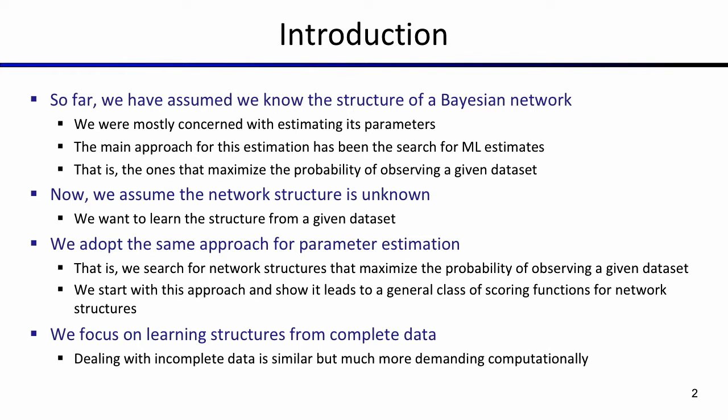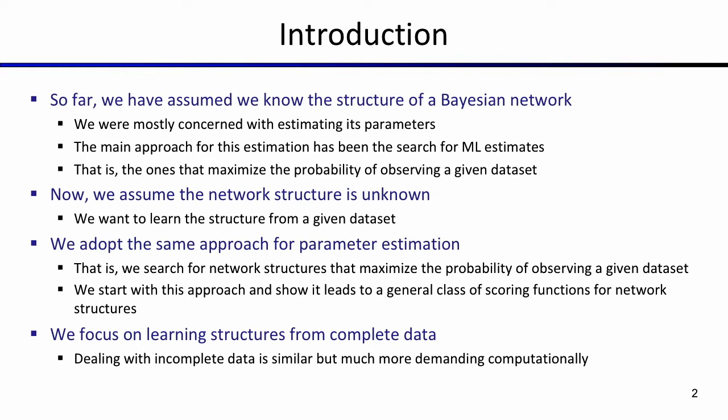We will search for the structure, and this will connect us to the maximum likelihood estimates for the parameters, and we're going to use these maximum likelihood estimates of the parameters to compute the likelihood of the training set, and use the likelihood of the training set to assess the quality of the current model.